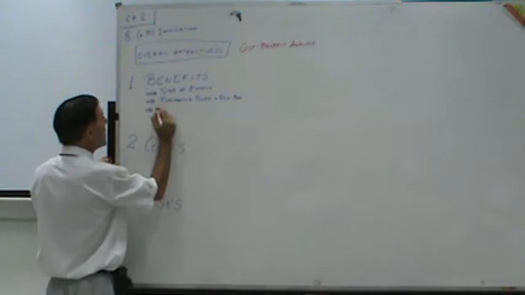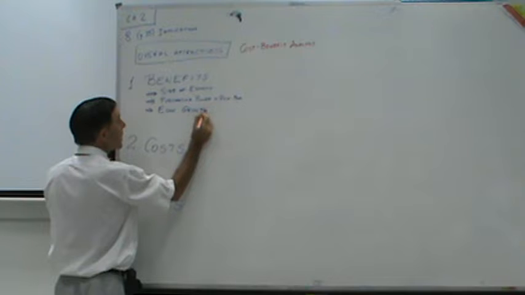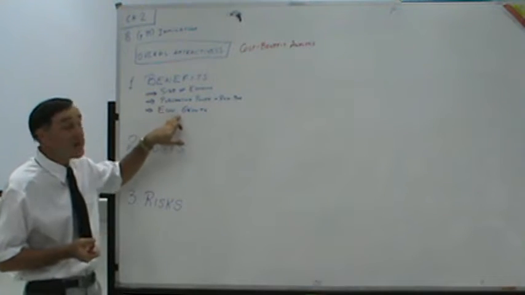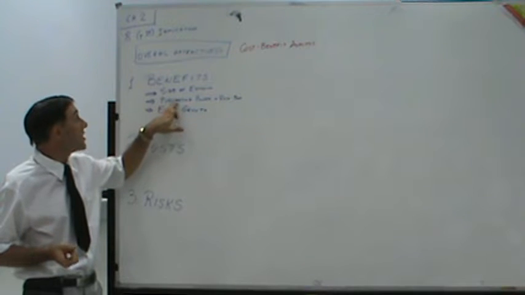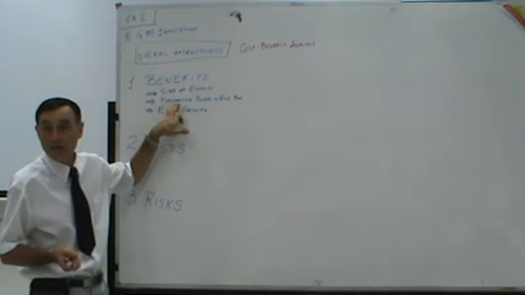And number 3 is economic growth. Economic growth is how you expect purchasing power to grow over time.